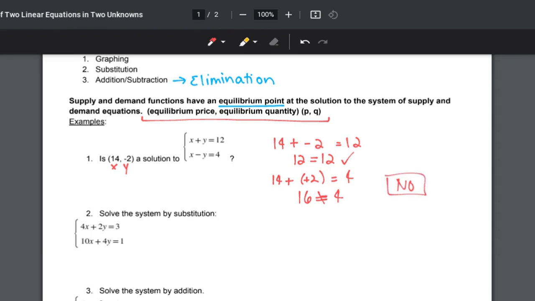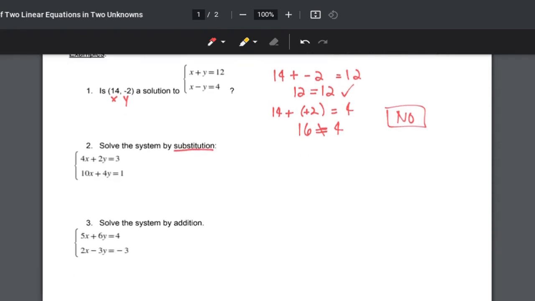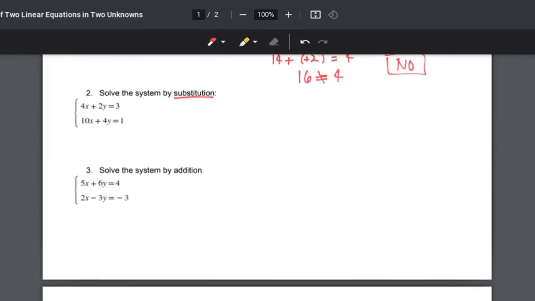All right, the next one says solve by substitution. So please make sure you use the method that they request. So with solving by substitution, we have to get either x or y by itself. So you need to decide which is going to be the easiest variable to solve for. Probably the one with the coefficient that's closest to 1.